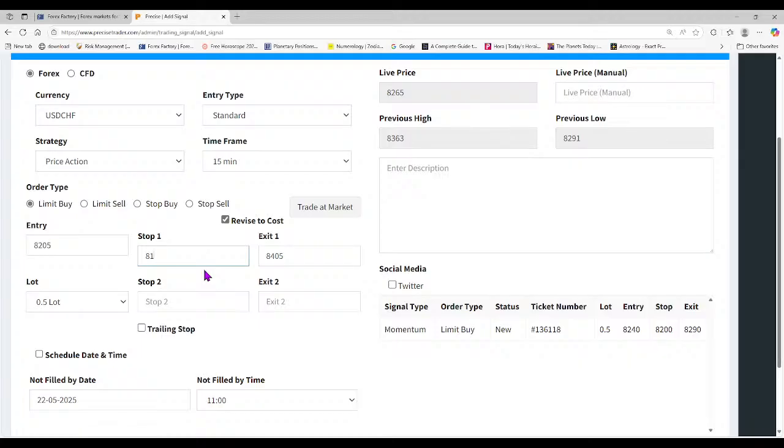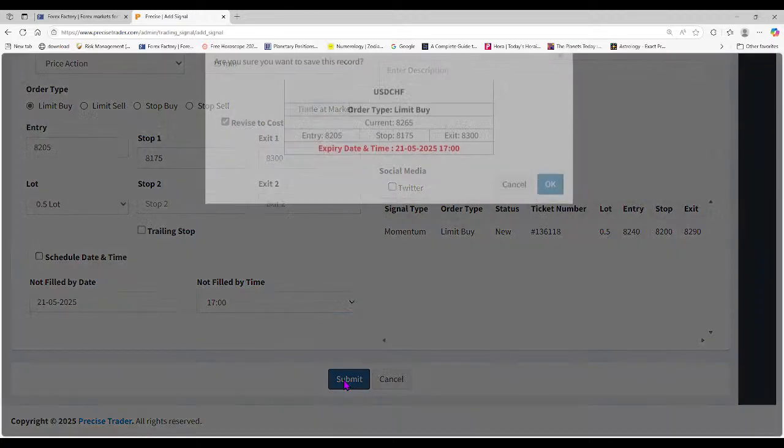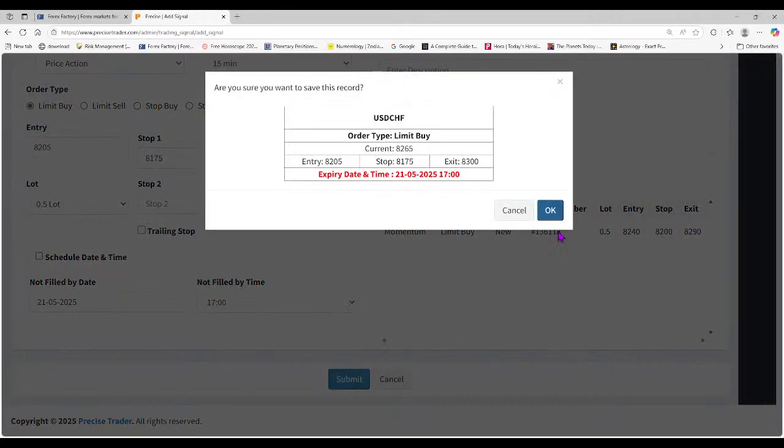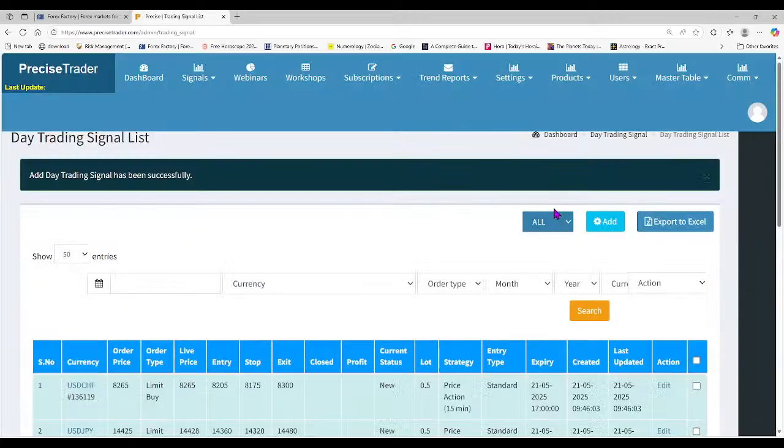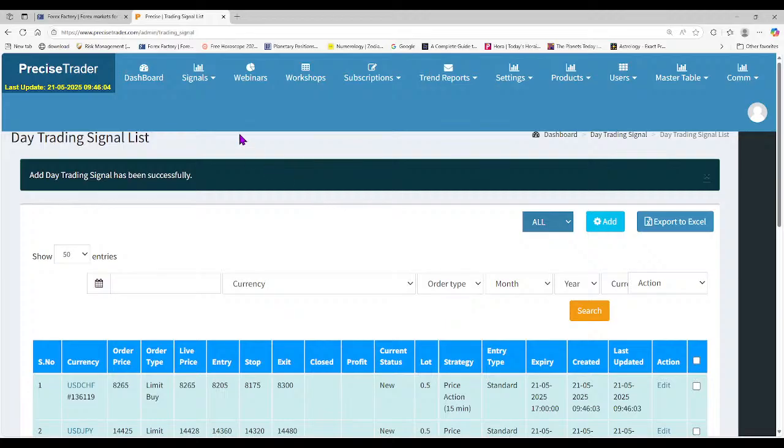So we'll put a stop at 75, and again we will try to exit at 83. This one we would give until the next session comes, when we can get into the trade or do the adjustment.